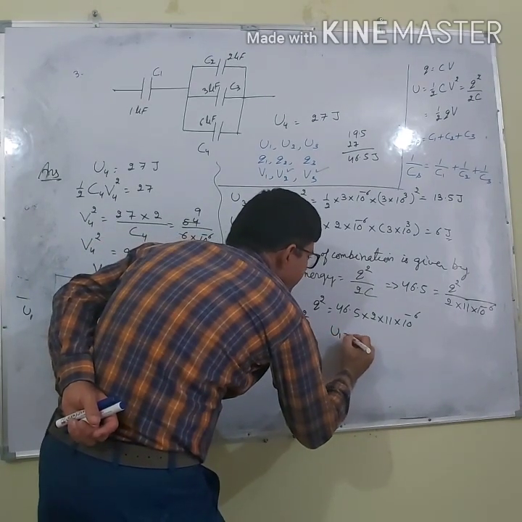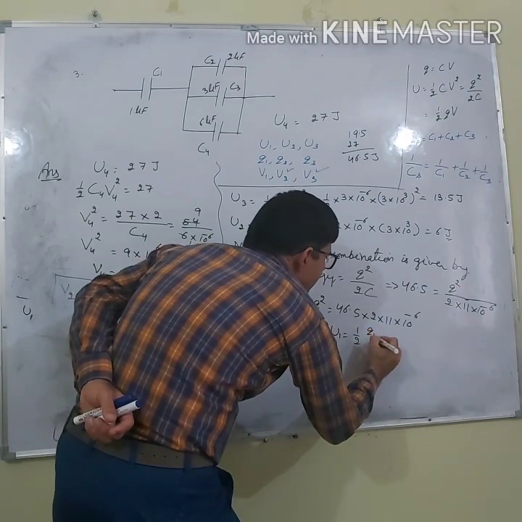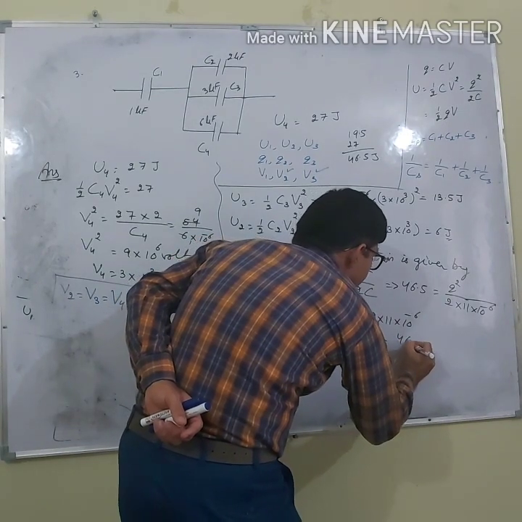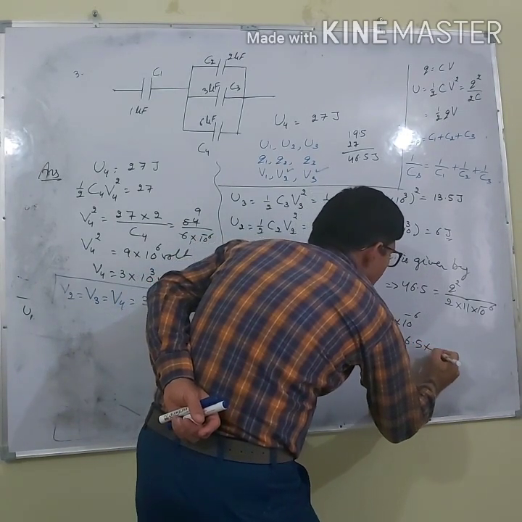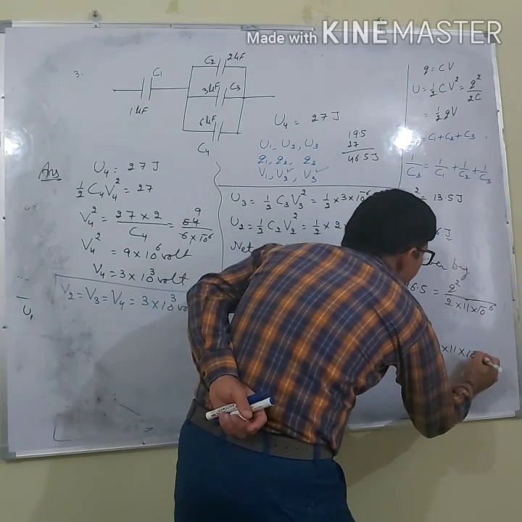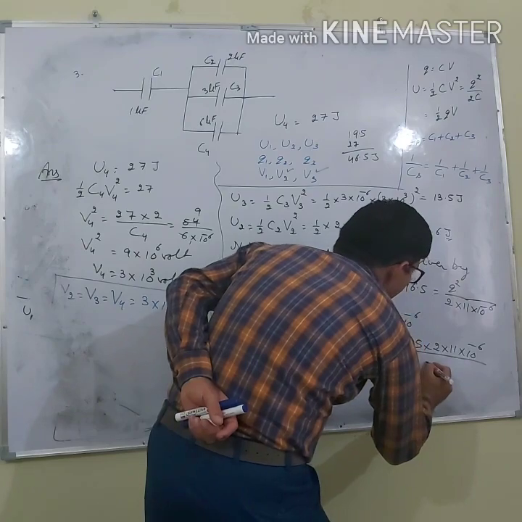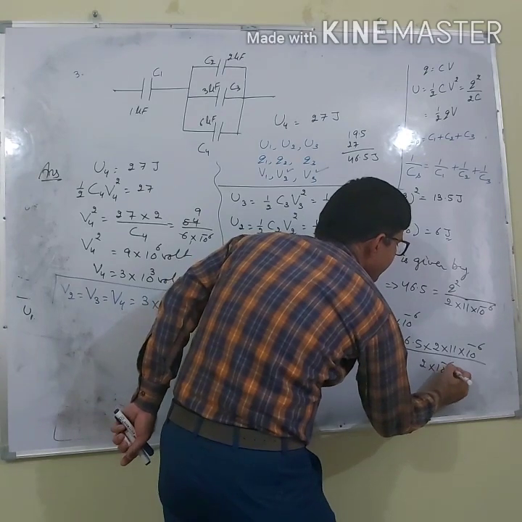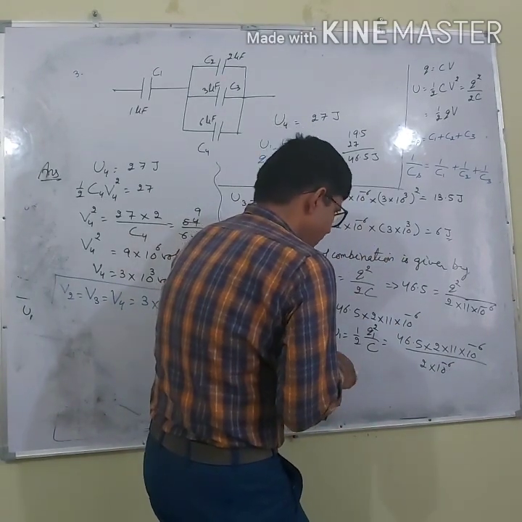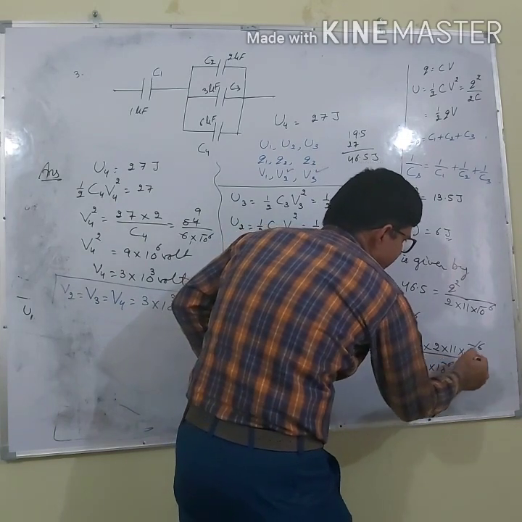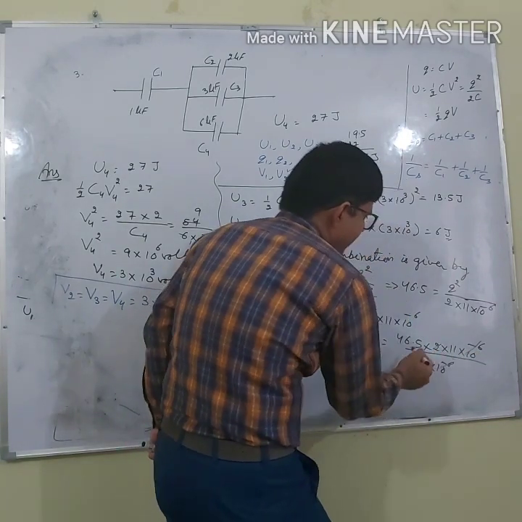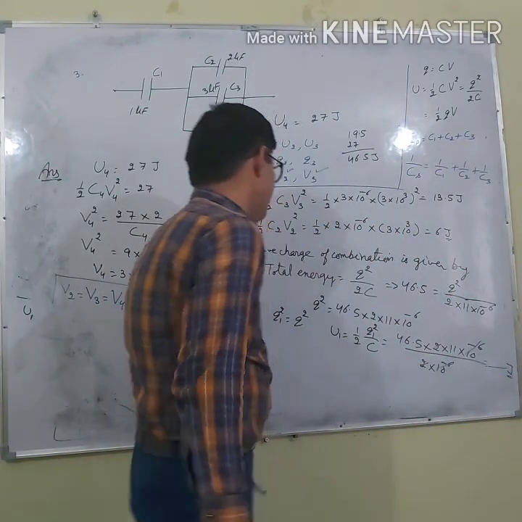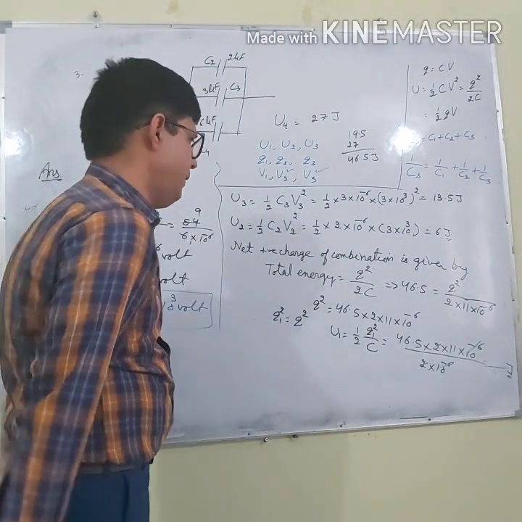Now potential energy of this is half of Q1 square by C. And Q1 square is 46.5 multiplied by 2, 11 into 10 to the power minus 6, divided by 2. And C here is 1 microfarad, that is 10 to the power minus 6. Now you can see 10 to the power minus 6 gets cancelled, 2 also gets cancelled. If you solve this, you will get the energy stored in the first capacitor.